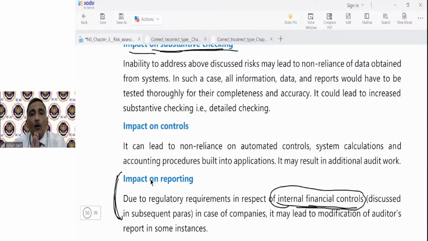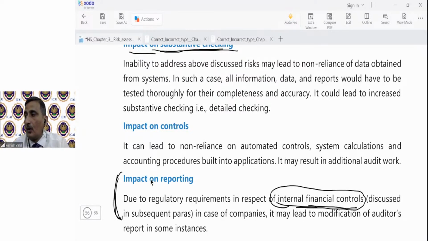How it leads to modification of opinion, you would be reading in subsequent chapters, and we would also be touching on the legal requirements, which sections, which provisions in the Companies Act 2013 require stating whether internal financial controls are operating effectively or not. So this point we shall study within this chapter. Okay.